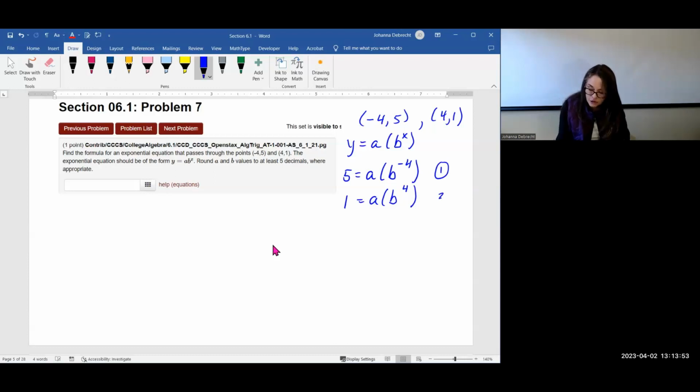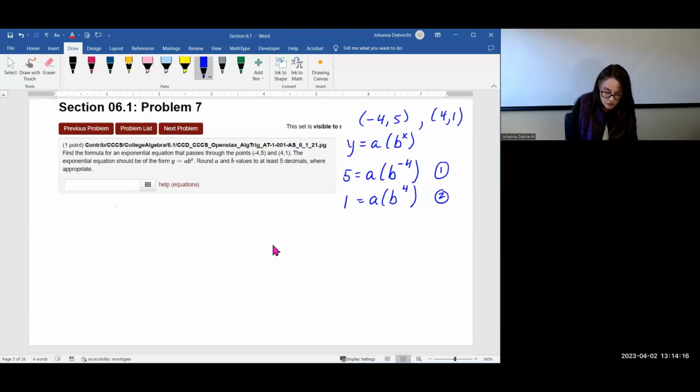Well, I've got 2 equations, equation 1 and equation 2, and I have 2 unknowns, a and b. As long as I have at least as many equations as I have variables, I can solve for the values exactly. So what I'm going to do is take each of these equations and rewrite them in a form where I can solve for a.